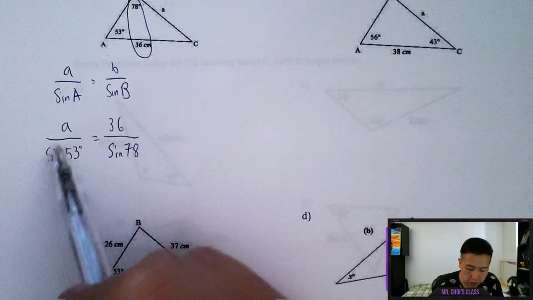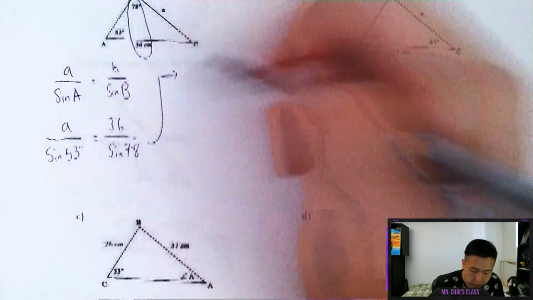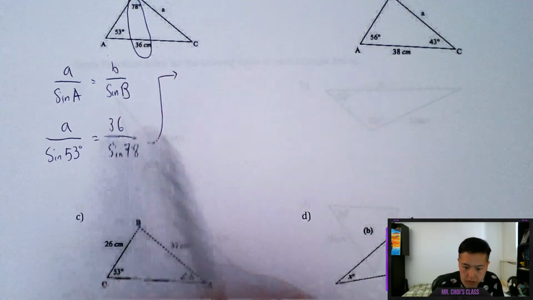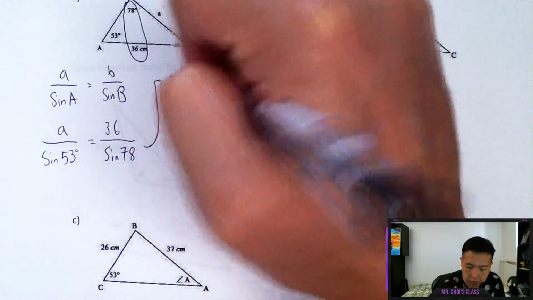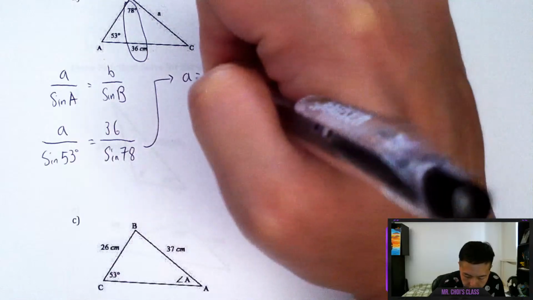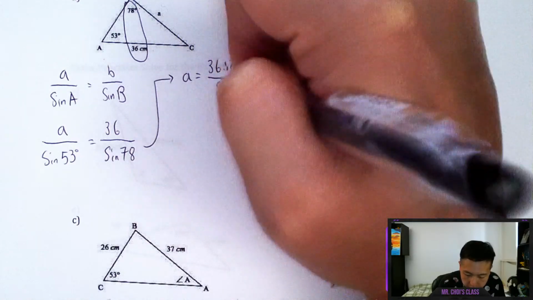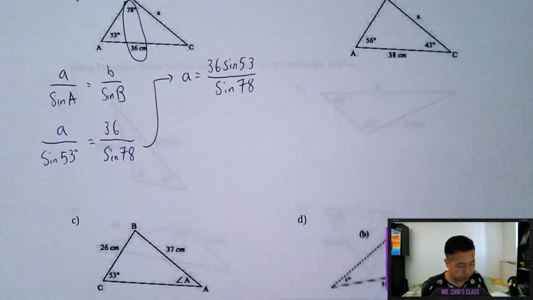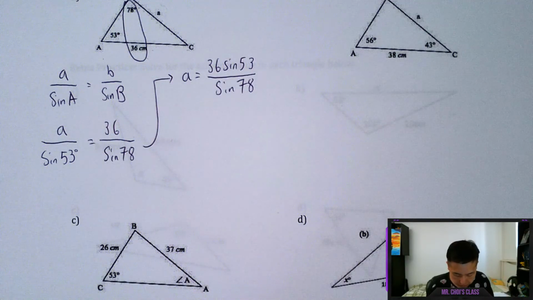So, of course, we're going to rearrange it here. We're going to move the sine 53. We're going to multiply to the other side. And that's going to give me 36 sine 53 divided by sine 78. And we can do that all on a calculator, making our life much simpler.